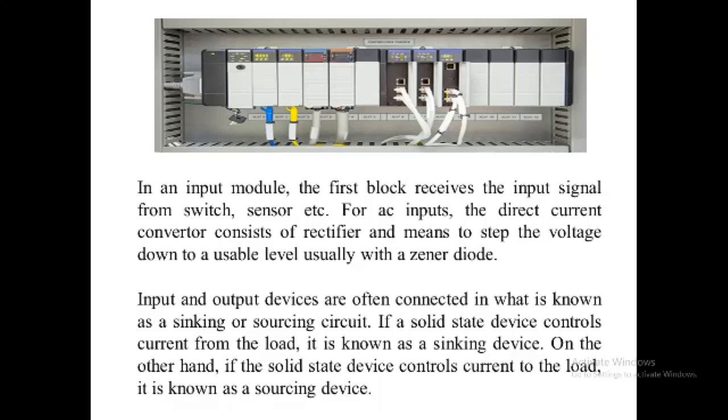So a current sourcing output will use a PNP transistor, as we discussed earlier, and one requiring a negative voltage to turn it on. A current sinking output will employ an NPN transistor, and one requires a positive voltage to turn it on.